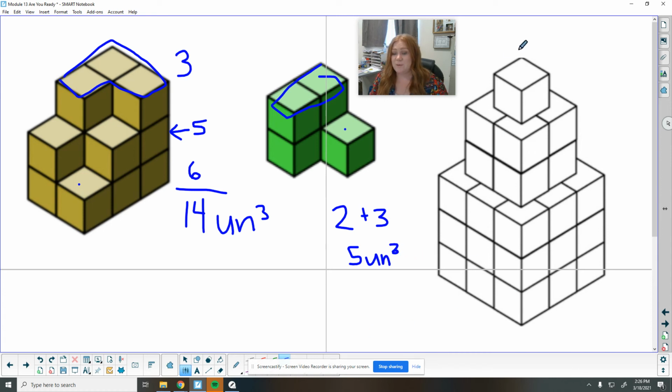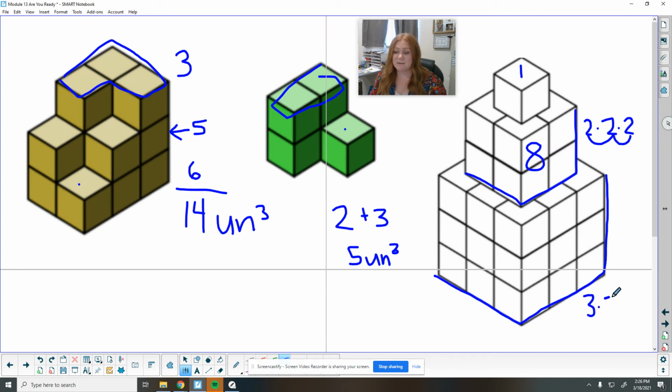All right, last one here. So on the top, we can see there's just 1. Then we've got this rectangular piece here, 2 by 2 by 2. So 2 times 2 times 2. Here's 4, 8. So this level has 8. And here we have 3 by 3 by 3.